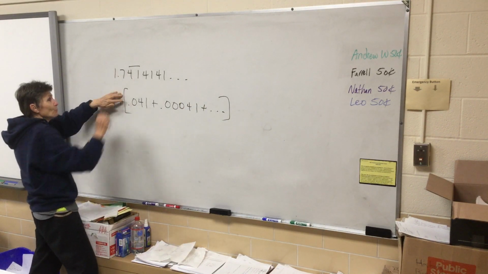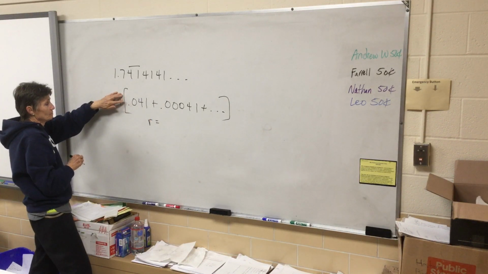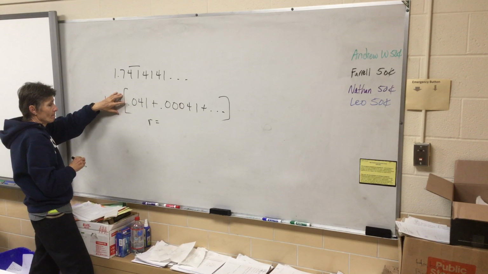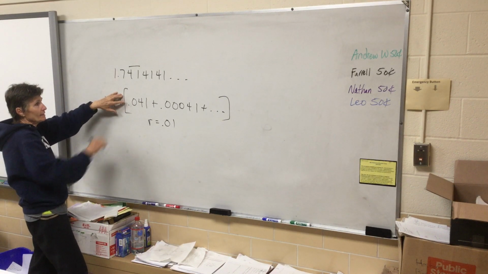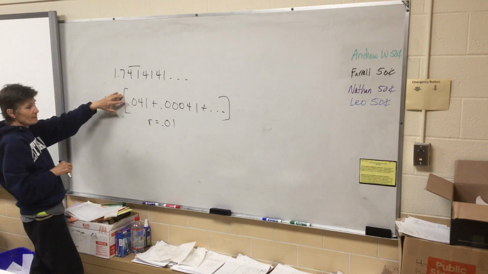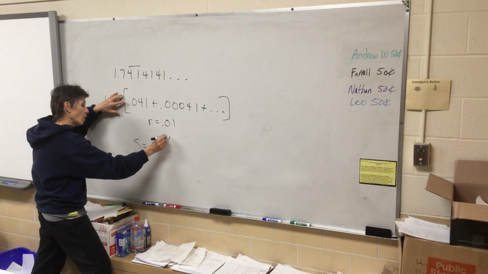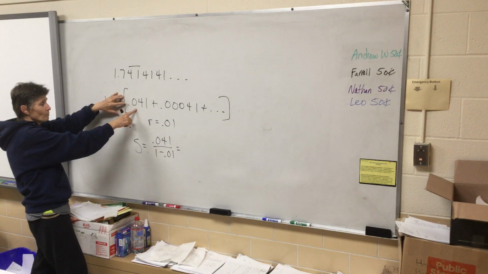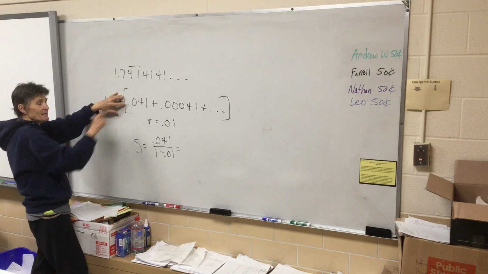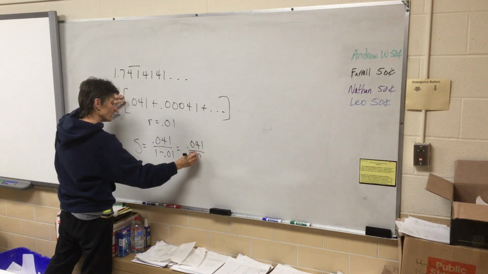You have 2 repeating decimal places, so what's your ratio? Yep, 0.01. You're moving the decimal point 2 places each time to accommodate the repeating. So my sum will be 0.041 over 1 minus 0.01. First term, remember, I'm only doing the repeating part. So 0.041 over 0.99.